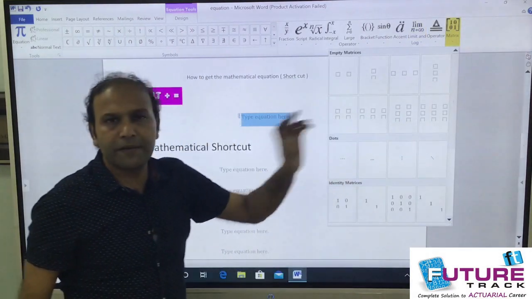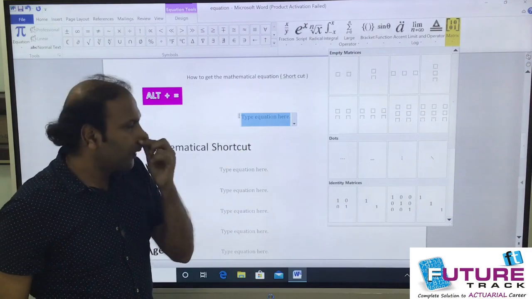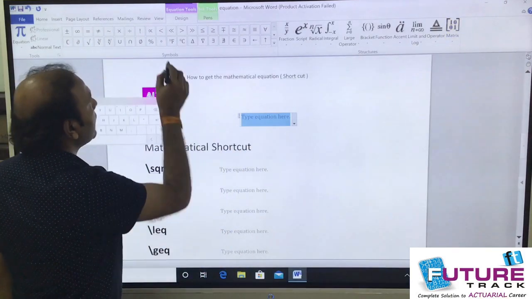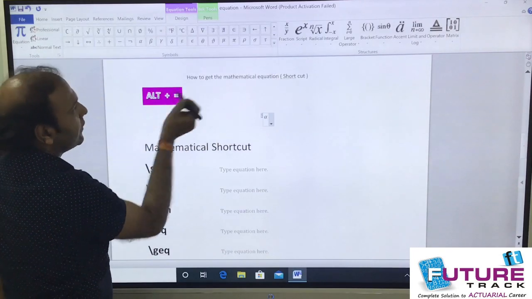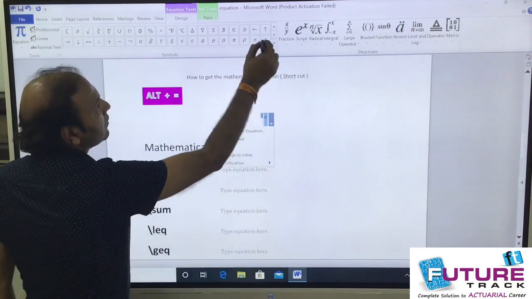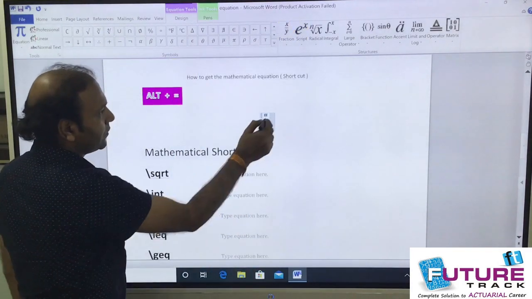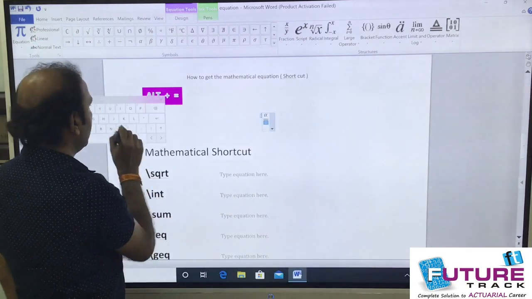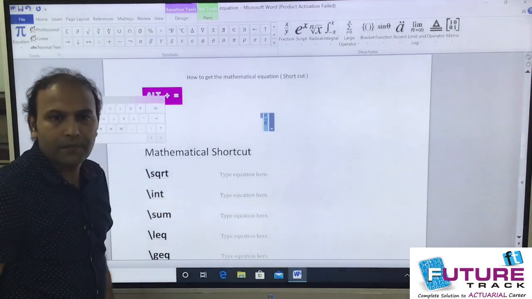You have matrices, everything is there in your mathematical equation. Like if you want to write something, I'll show you. If you want to write alpha, you press alpha, you write the fraction key, you write the fraction, denominator, let us say k, everything is there.